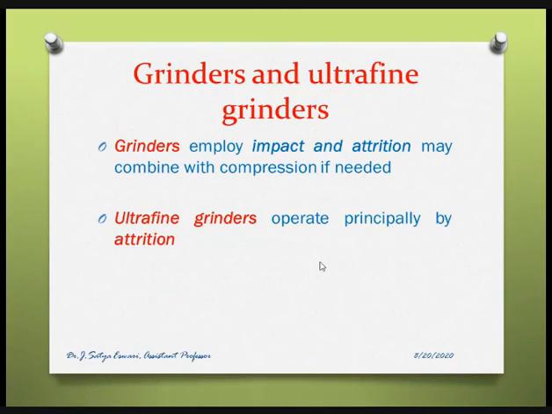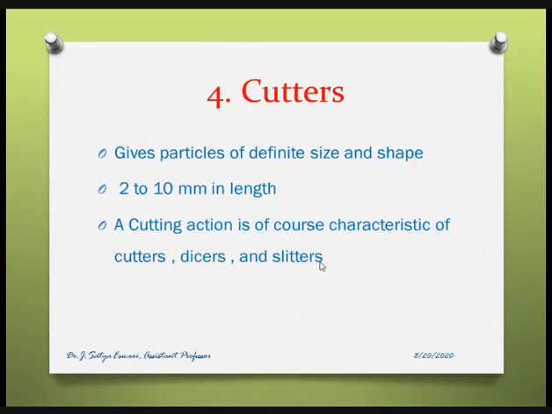Here crushers act based on compression, whereas grinders act based on impact and attrition. What is impact and what is attrition, I'll be telling you later. And if needed, sometimes they also take compression. Ultrafine grinders operate principally by attrition. What is attrition? I'll be telling you.